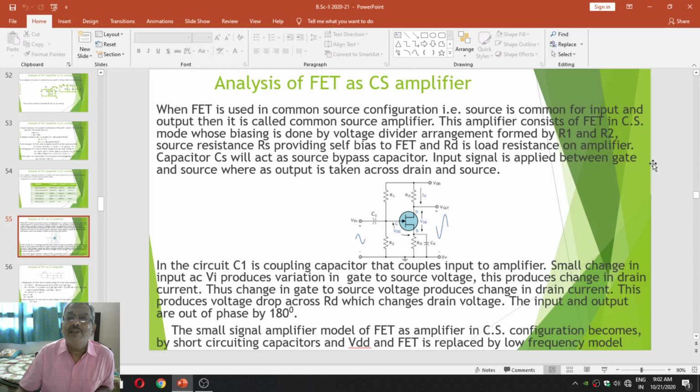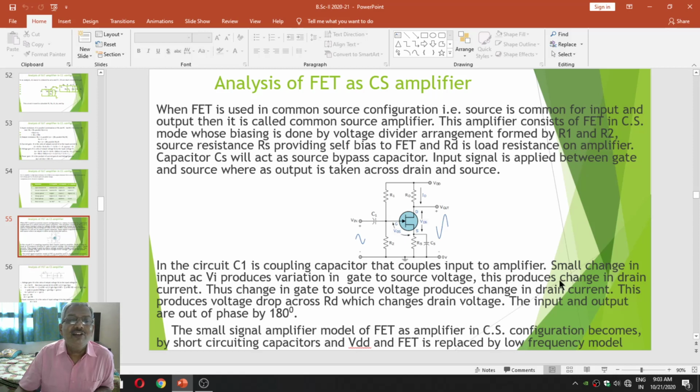Input signal is applied between gate and source, whereas output is taken across drain and source, which we have already described. In this circuit, C1 acts as a coupling capacitor that couples the input to the amplifier. A small change in input AC, that is VI, produces a variation in gate to source voltage.